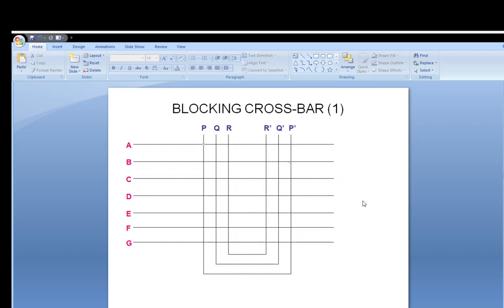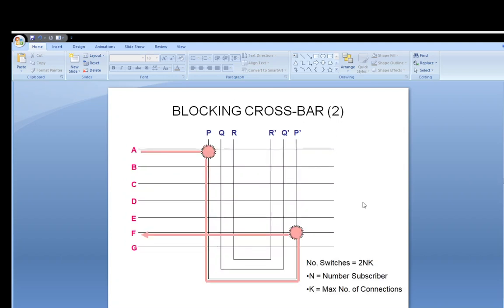Energize A first, then energize P, then de-energize A, then energize B, then energize P dash, and then de-energize B. Then there will be a call set up between subscriber A and subscriber B.